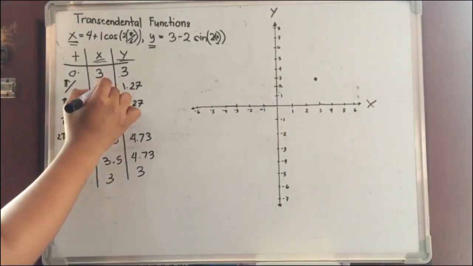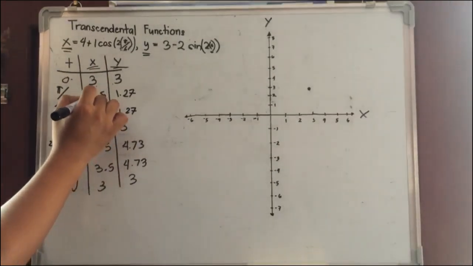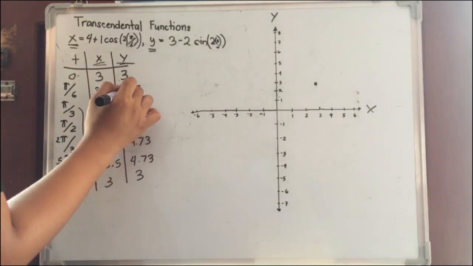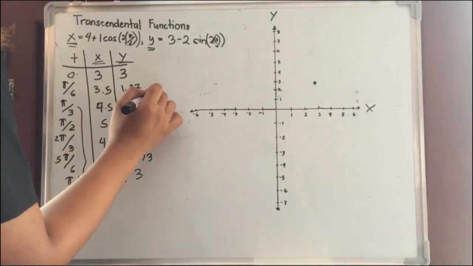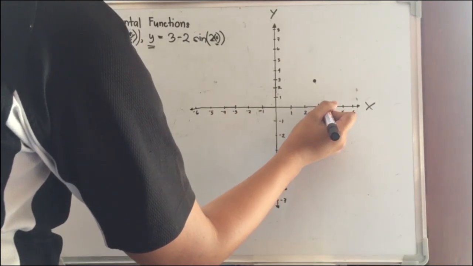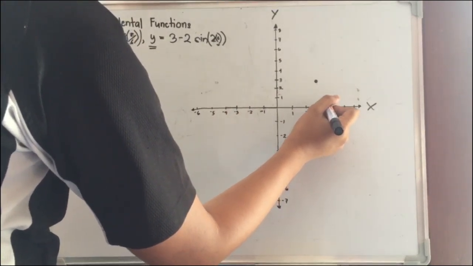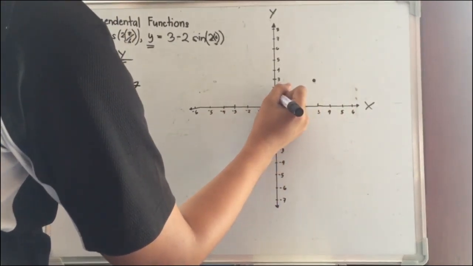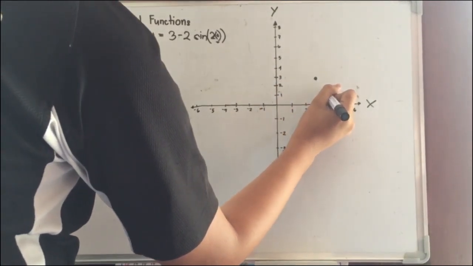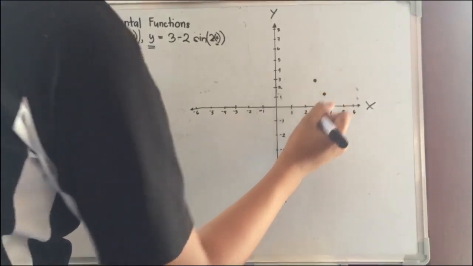And then next is 3.5. The value of x is 3.5, and its y is 1.27. So 3.5 and then 1.27, approximately here, so it will be located near here.